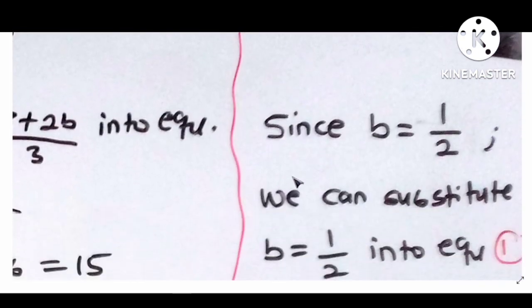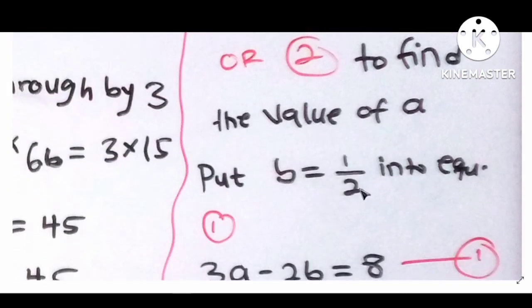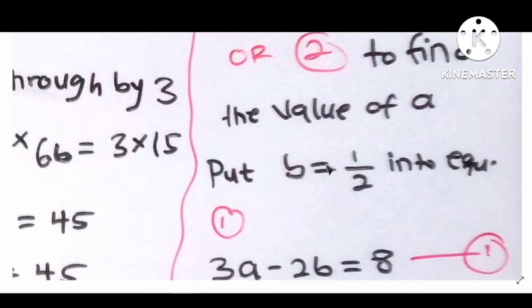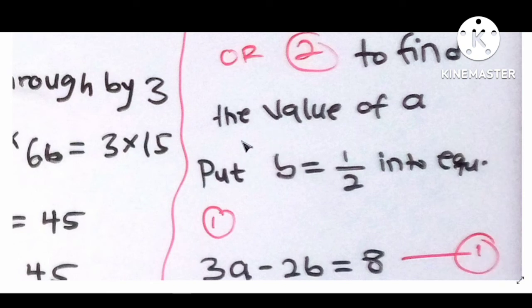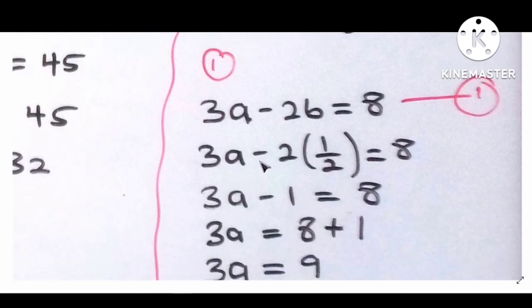Since b is equal to 1 over 2, we can substitute it into equation 1 or 2 to find the value of a. So put b is equal to 1 over 2 into equation 1. Our equation 1 was 3a minus 2b is equal to 8. So 3a minus 2, and in place of the b we'll put 1 over 2, is equal to 8.